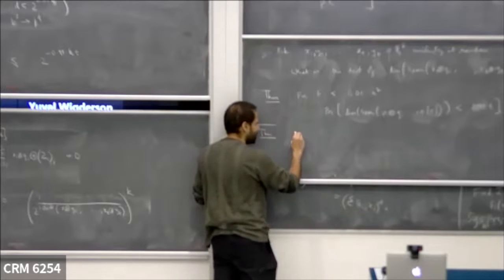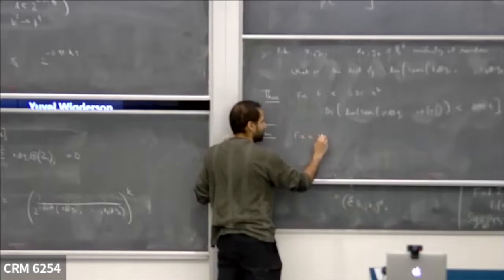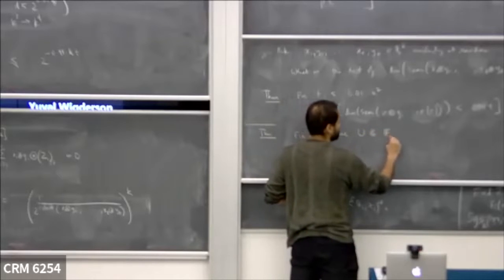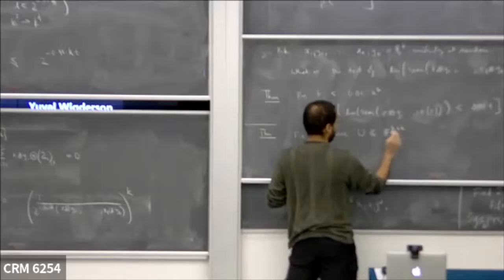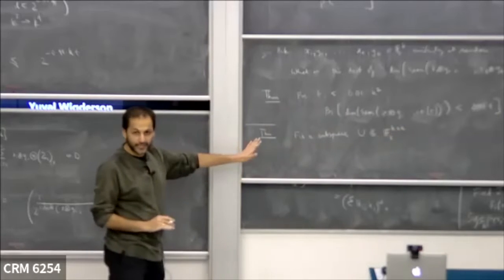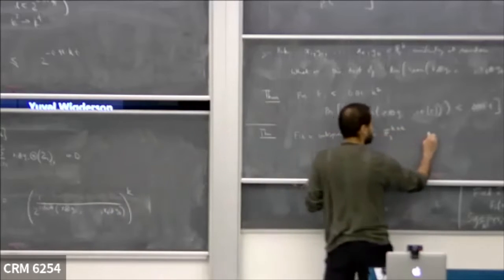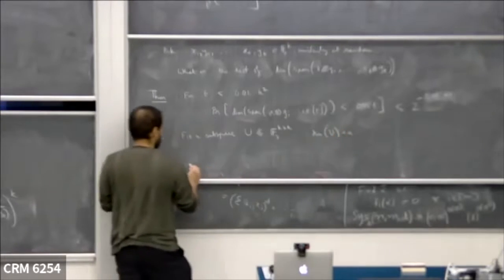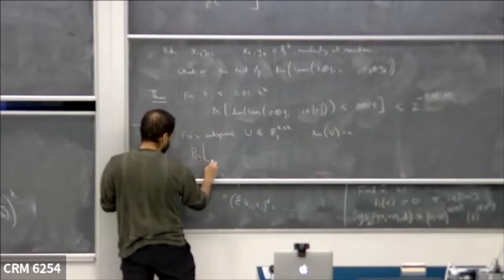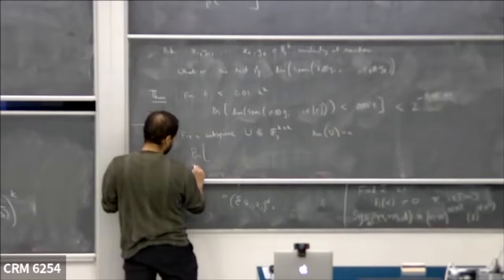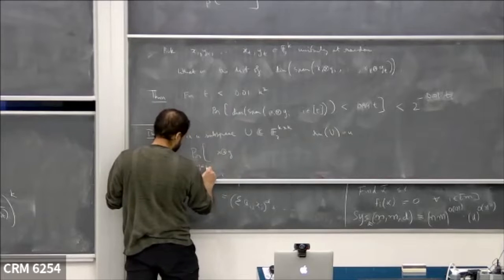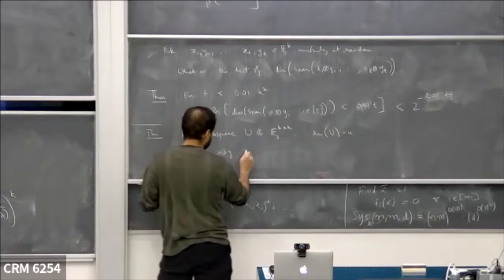So fix a subspace U inside F2 to the k cross k. This is a linear space of matrices. Call its dimension little u. Then what's the probability that a uniformly random x tensor y, over just x and y in F2 to the k, uniform and independent, lies in U?